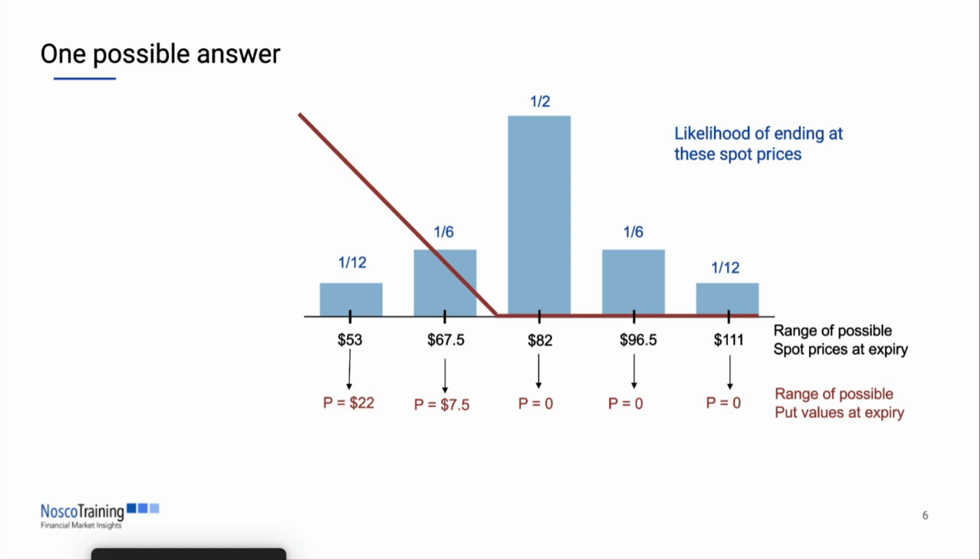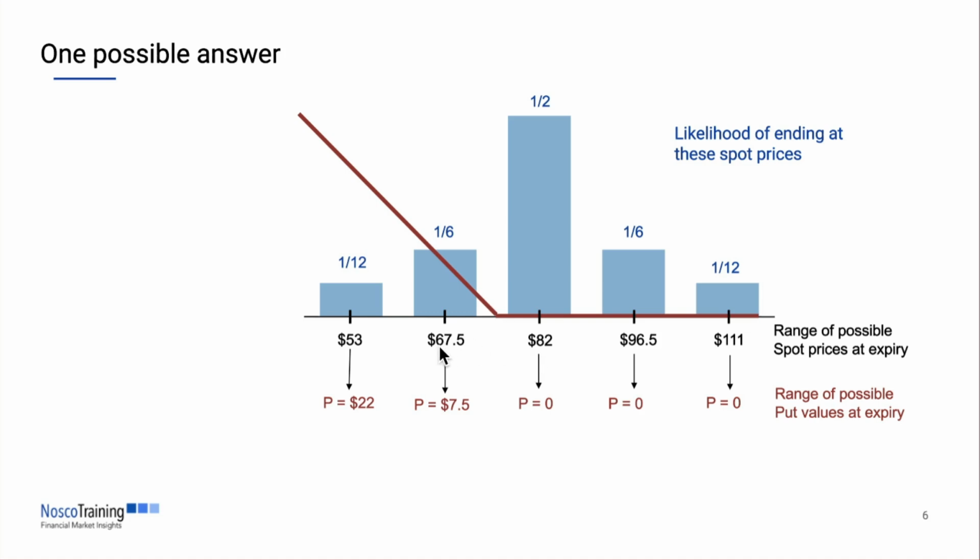Then we said, okay, now that I know where spot can end at expiry, I need to translate spot prices into option values at expiry. And this is very, very simple because we assume that we are at expiry. Our put here, I think this is the hockey stick of a put, has a strike of 75. So, of course, if we end at 82 or above, the put will have no value.